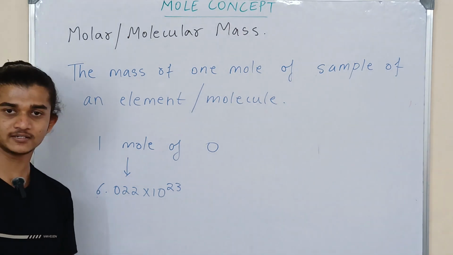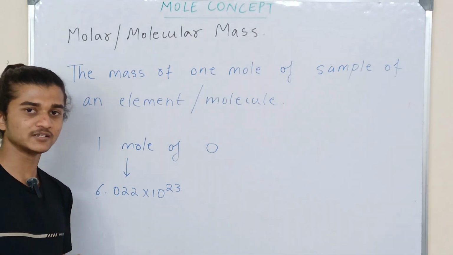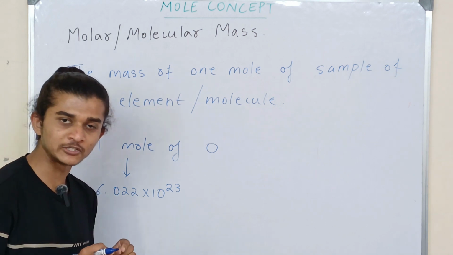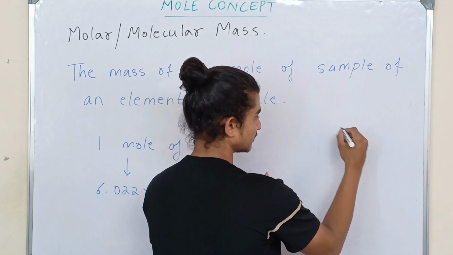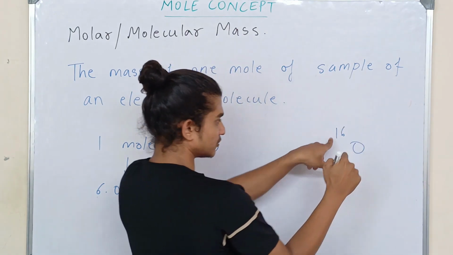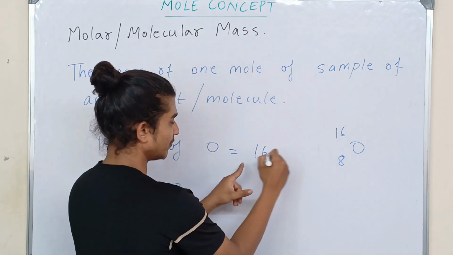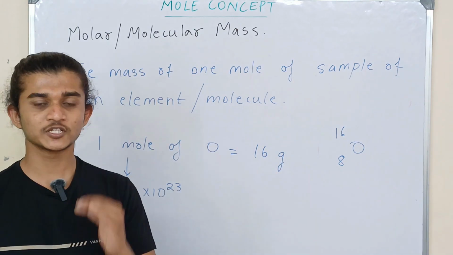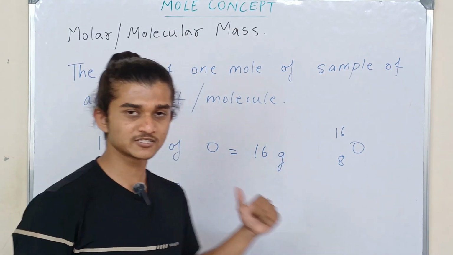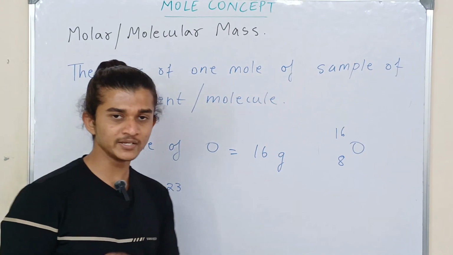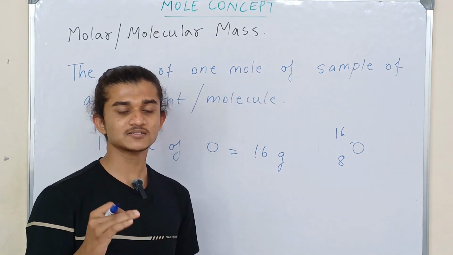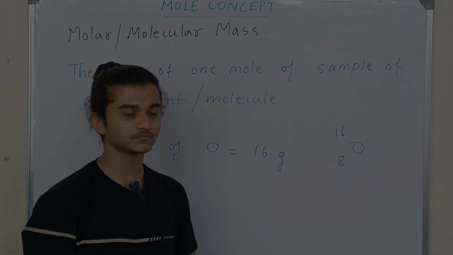And if you weigh that, the amount of mass it has is numerically equal to its atomic weight. Oxygen's atomic weight, as you know, is 16, so the mass is equal to the atomic weight but in grams. The conclusion we can draw from this is that the molar mass of any element is numerically equal to its mass number in the periodic table.